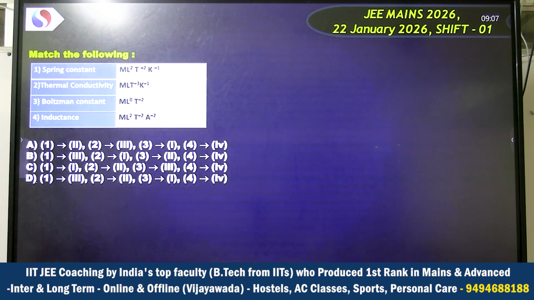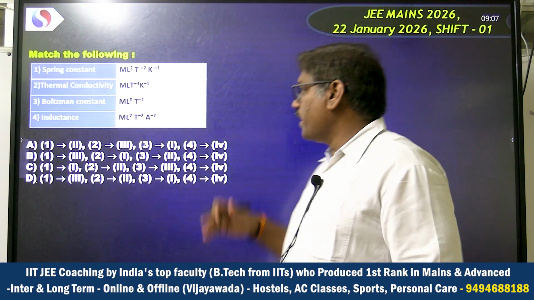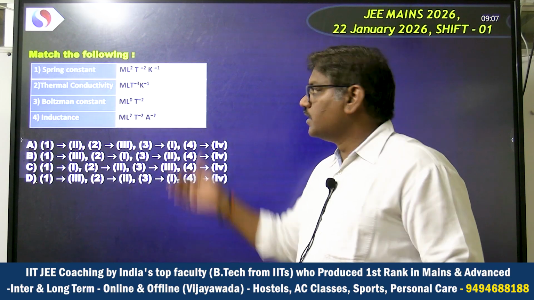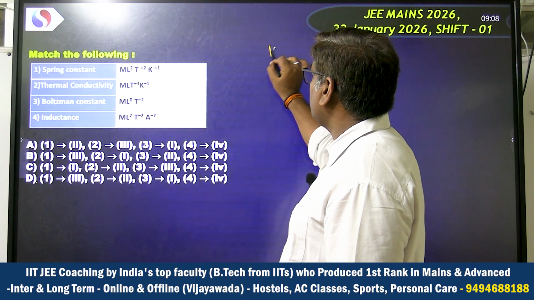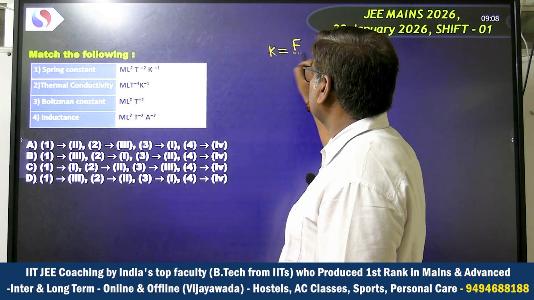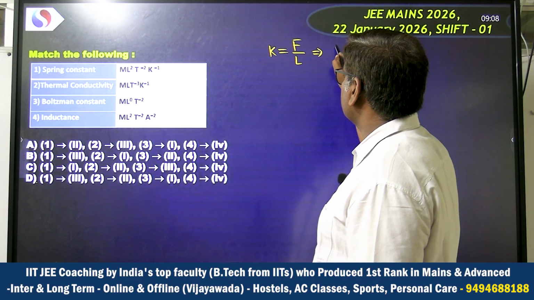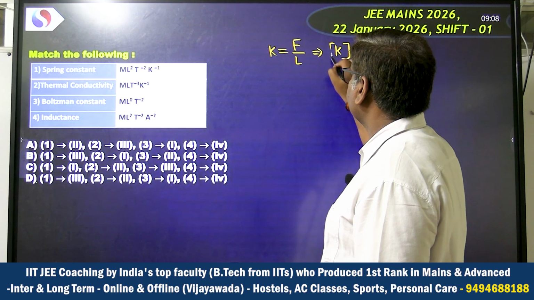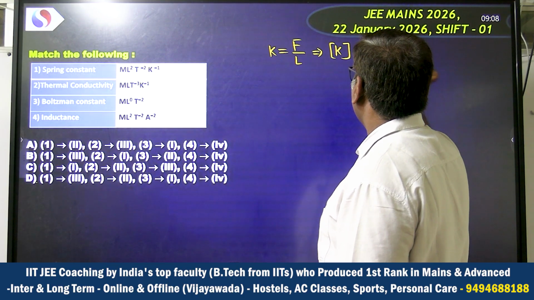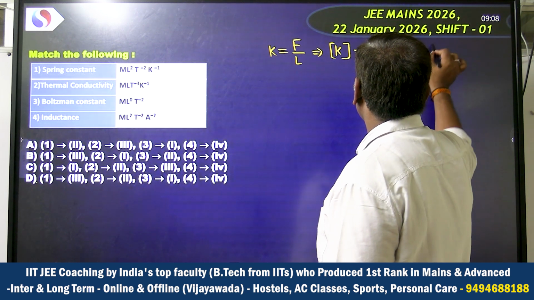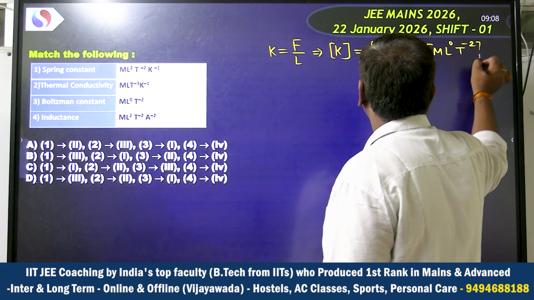Okay, dimensional analysis. Quickly find out the dimensions of all. Hopefully by 1 or 2 we will get the correct answer, because it is an option-wise question. So spring constant, K, is force divided by length, F equals Kx. Dimensionally, K will be mLT minus 2, that is force, divided by L. Finally it gives me mL0 T minus 2.